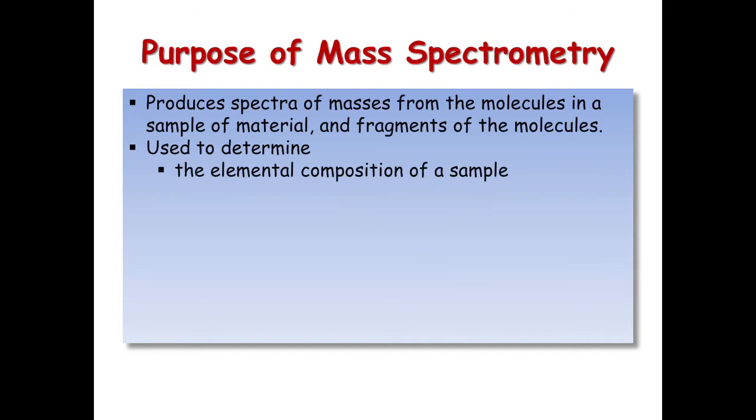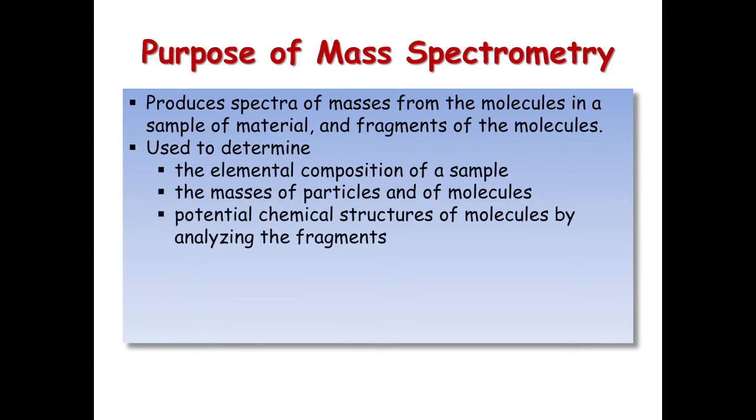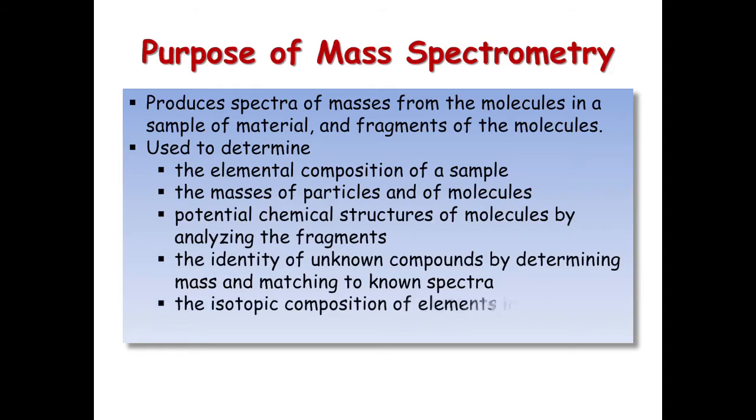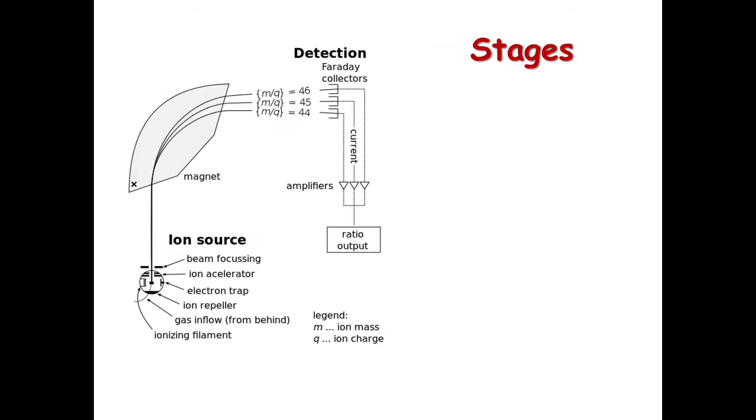It's used to determine the following: the chemical composition of a sample, the mass of the particles and of the molecules, potential chemical structures of molecules by analyzing the fragments, the identity of unknown compounds by determining mass and matching that to known spectra, and the isotopic composition of elements in a molecule.